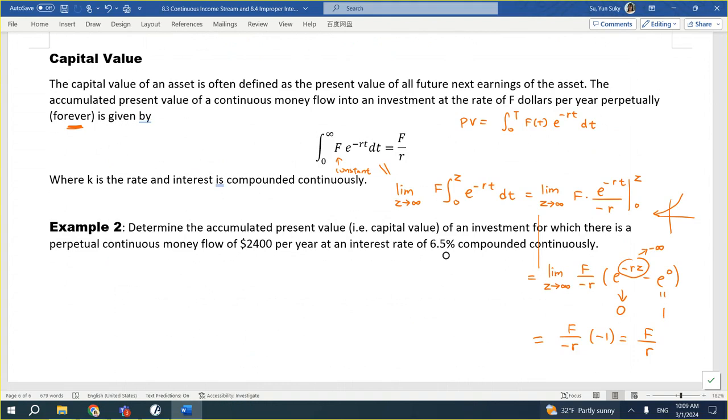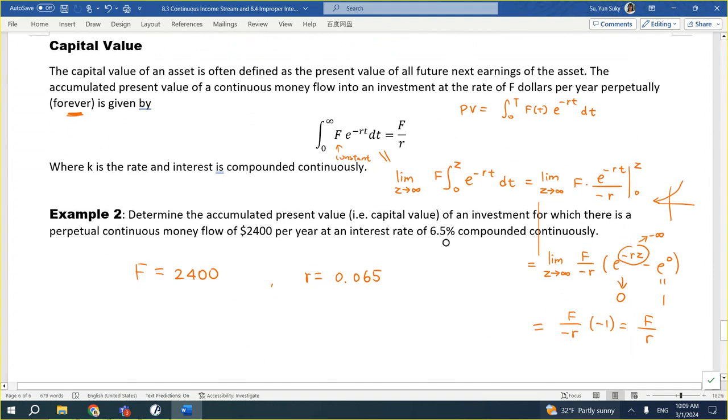So in this case, we have f is 2,400. That's a fixed amount. And r is 6.5%, which is 0.065. Is that okay, everybody?